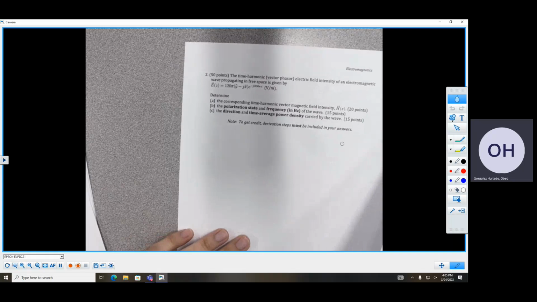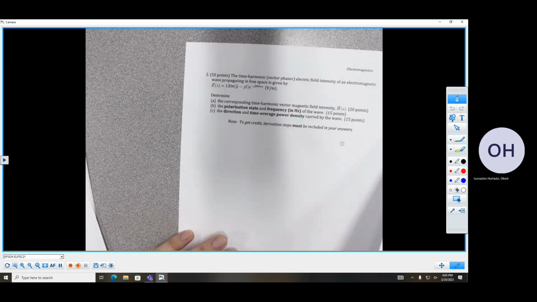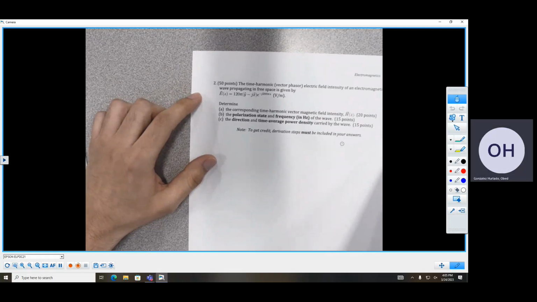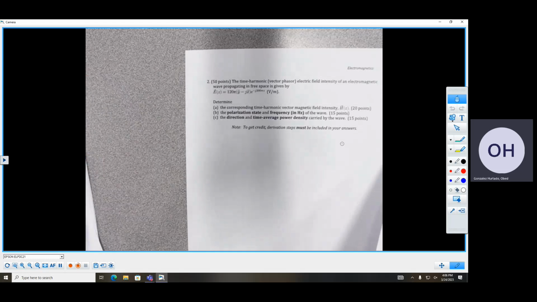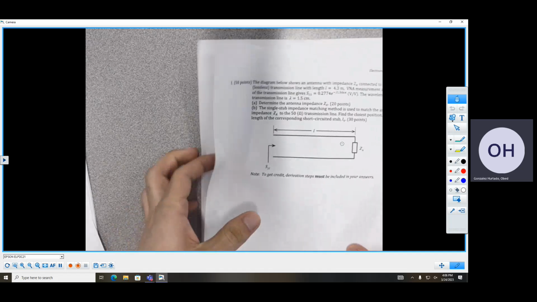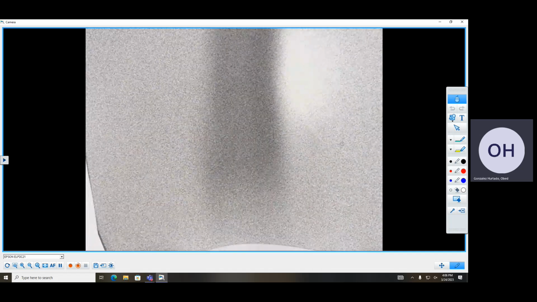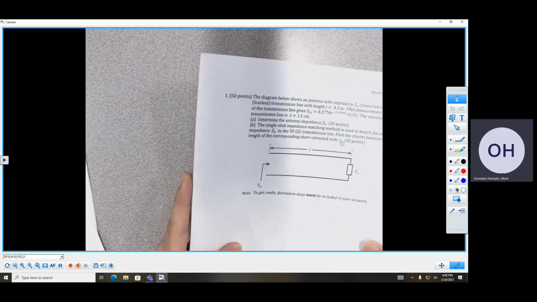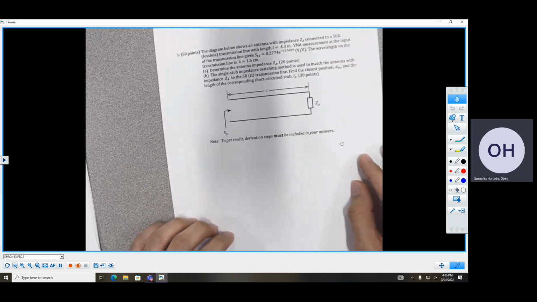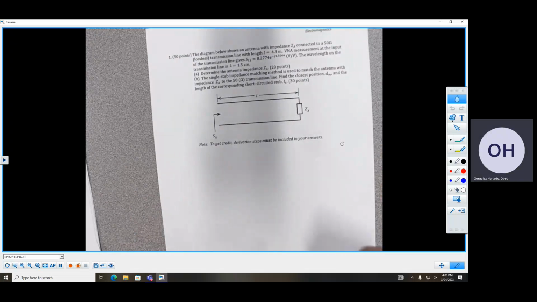Now, I don't know if he's going to ask something about chapter 7, but you have done something like this already on the homeworks. We'll just go over it a little bit just in case he decides to put that on the exam. And then I know that y'all have already done the stub matching lab, so we'll go from there.